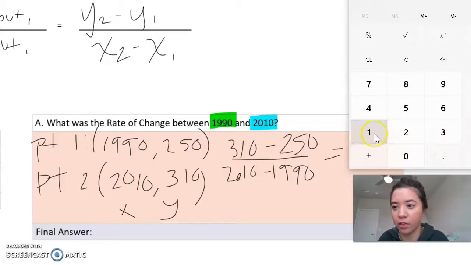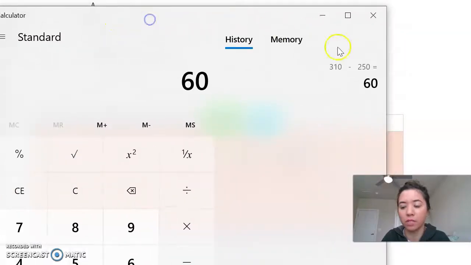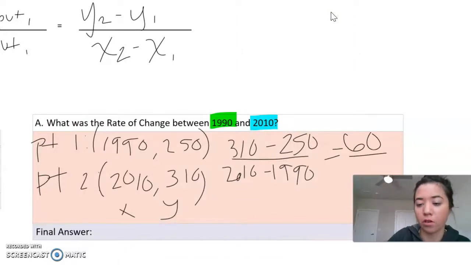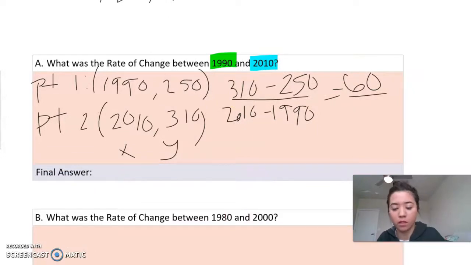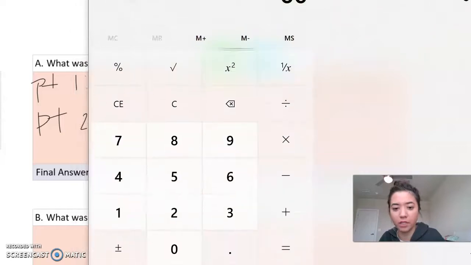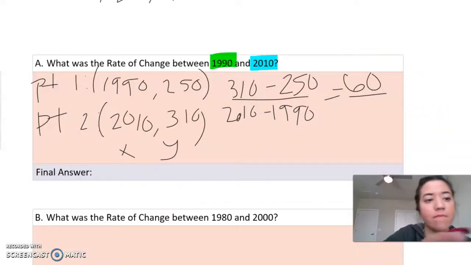Okay, so we have 310 minus 250 equals, and that gives me 60. So we have 60 on top over, and then 2010 minus 1990, and that gives us 20.